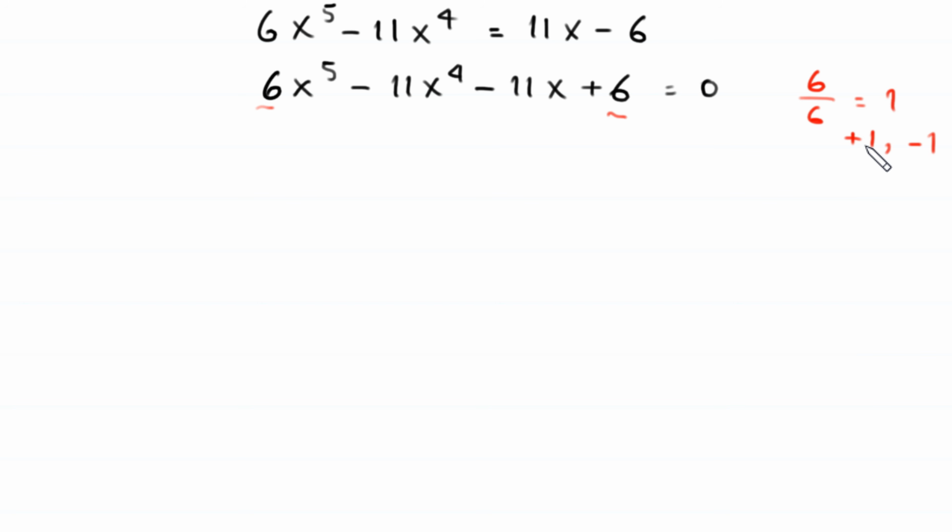If we check plus 1 in this equation, plus 1 is not a solution, and if we check x equal to negative 1, this will become 6 times negative 1, negative 6, and negative 1 to the power 4 is positive 1, positive 1 times negative 11, negative 11, and negative 11 times negative 1, plus 11, and plus 6 equal to 0.